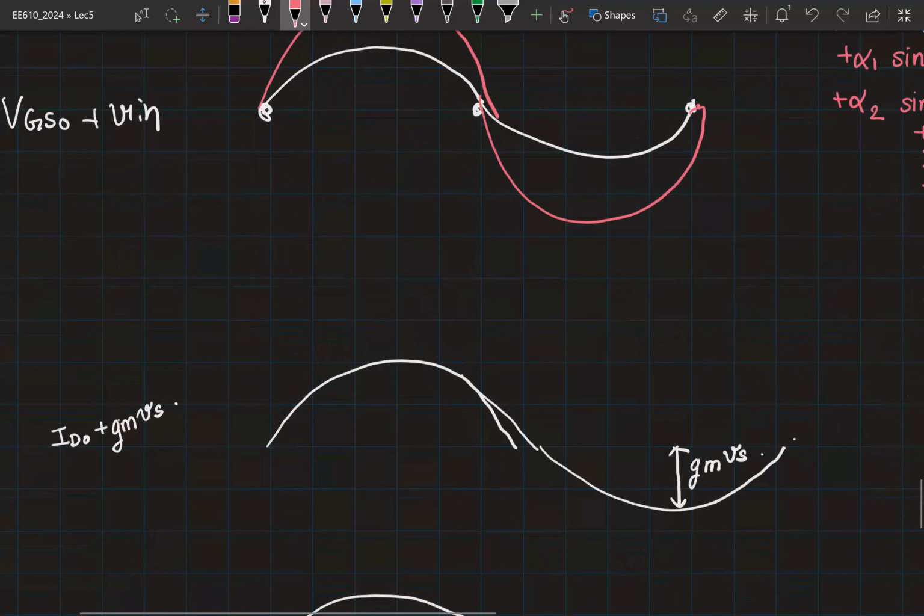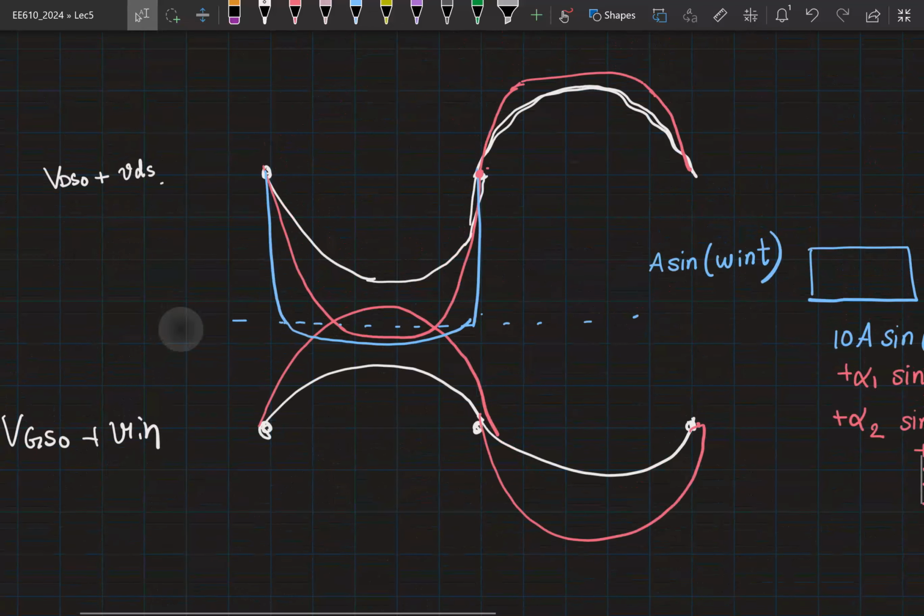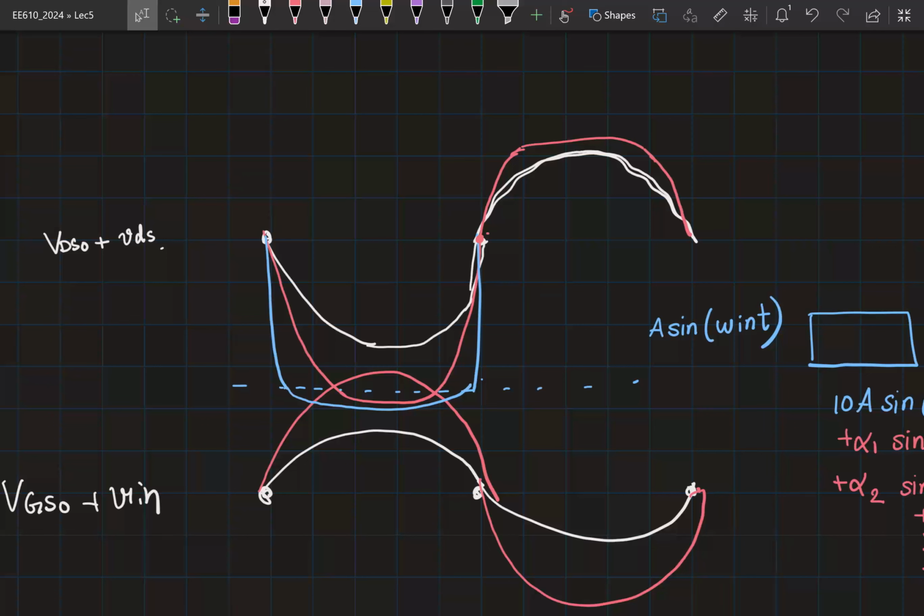So now we have gotten two values. There is an A max 1, there is an A max 2. If you had to find out an absolute limit for the sine wave, which of these limits would you use? The greater one, the smaller one, A max 1, in between? If you choose a value in between, let's say between A max 1 and A max 2, where A max 2 was the smallest one, then during the negative cycle of the input, your value is more than A max 2.